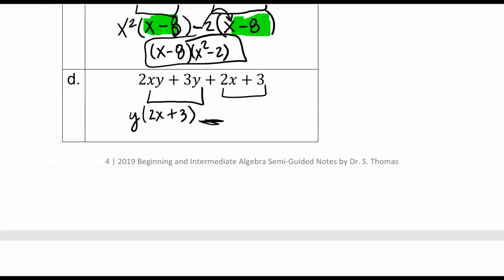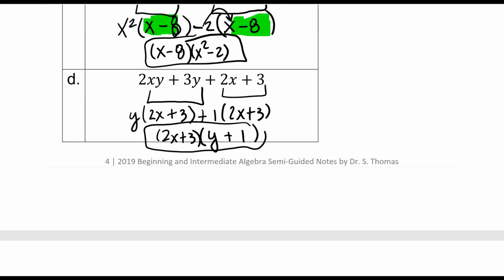We're not altering the problem. It means exactly the same as 2x plus 3. Well, you can only put a plus 1 there times 2x plus 3, right? Because 1 times 2x plus 3 is 2x plus 3. So the final answer is 2x plus 3 times y plus 1. Again, you could always check this by multiplying or foiling this all the way out to see if you get back the original.